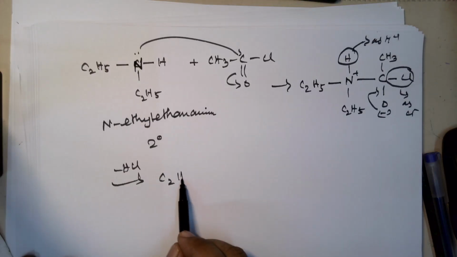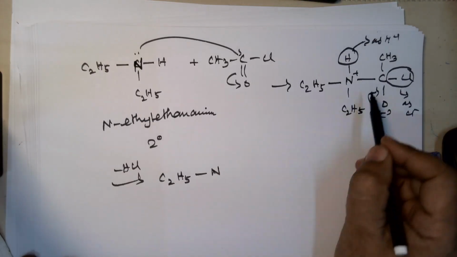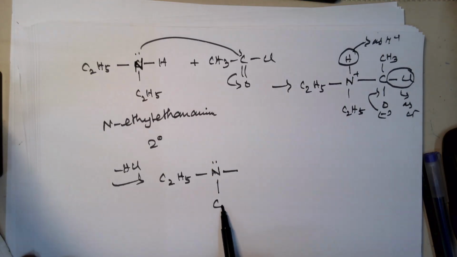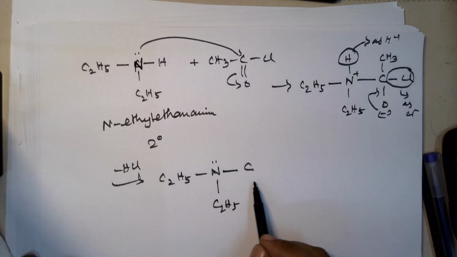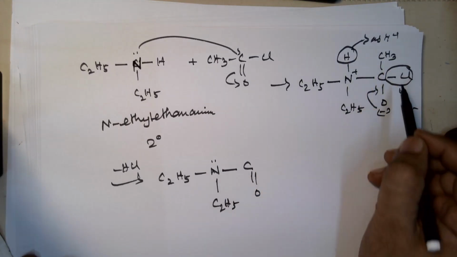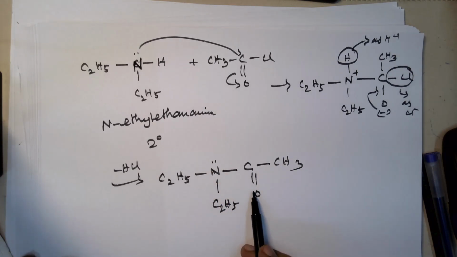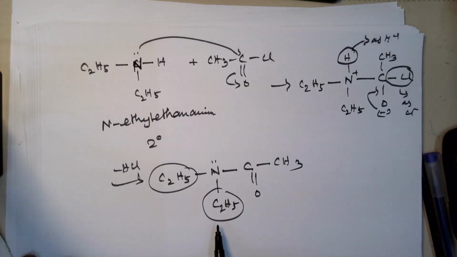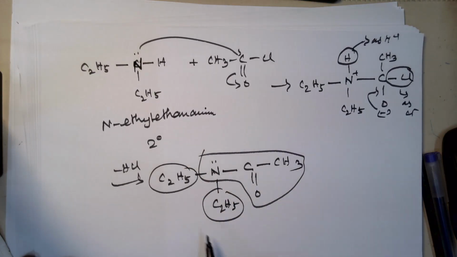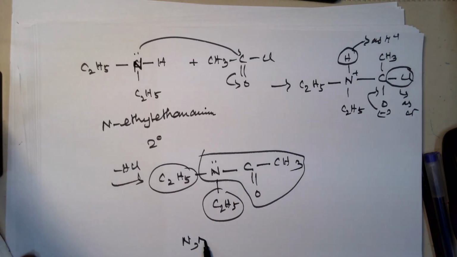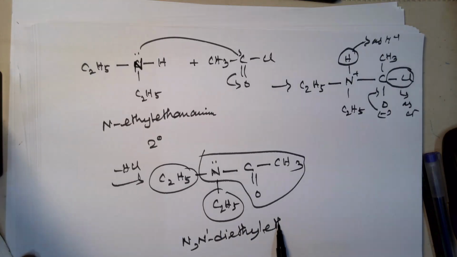Now the remaining is C2H5, N, and this bond will come here, so that electron pair, and again here C2H5, then C, double bond O, and you got the CH3. That's all. So what do you call it? Ethanamide once again, but two ethyl groups are substituted. So this is N,N-diethyl ethanamide. Are you able to follow? Okay.